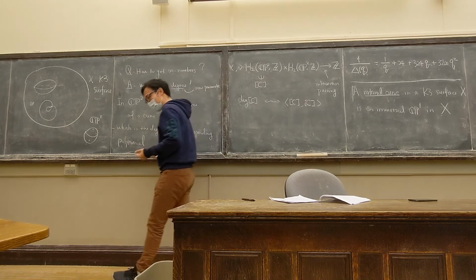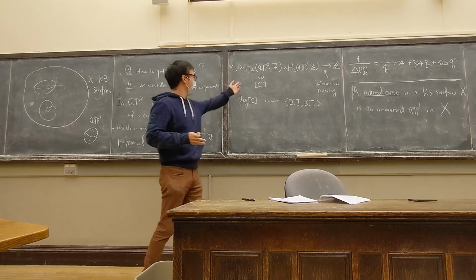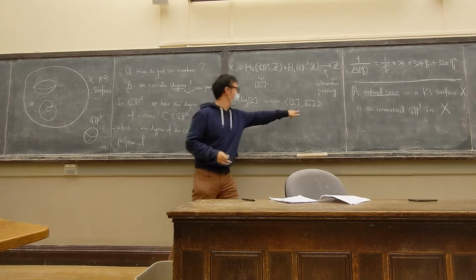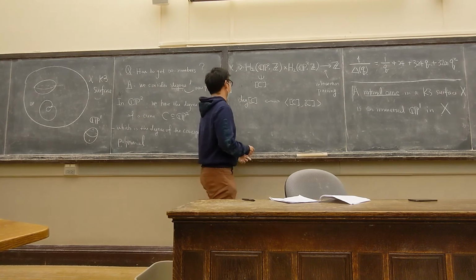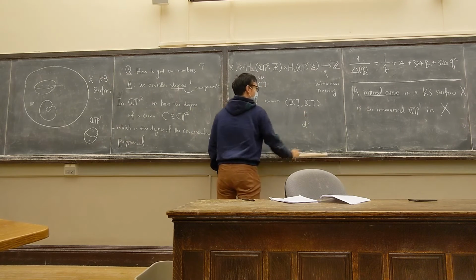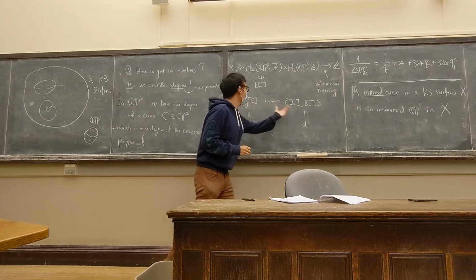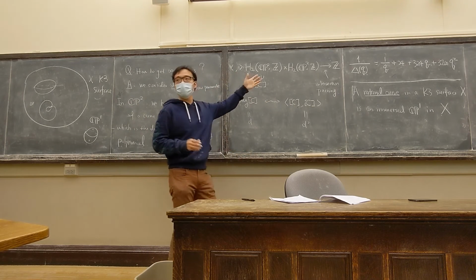You start with some homology class in H2 of a four-dimensional manifold, then you consider the self-pairing, which recovers an integer. Roughly, if this is d, then the self-pairing is d squared in the case of CP2. So this means we can recover the degree. You have the tools in topology.